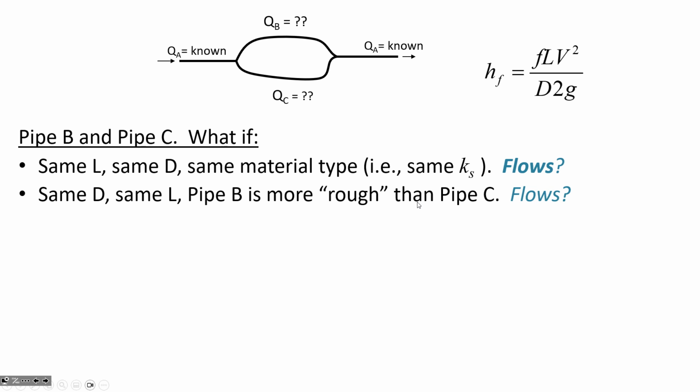How much less? It'll come into equilibrium so that the head loss through each route is the same.